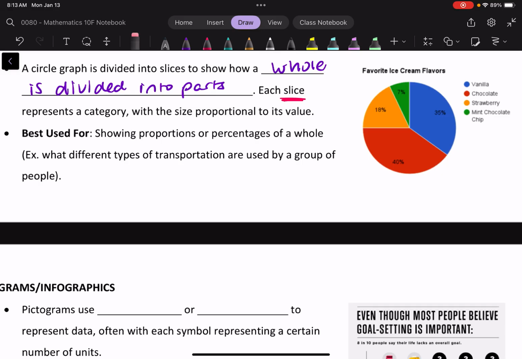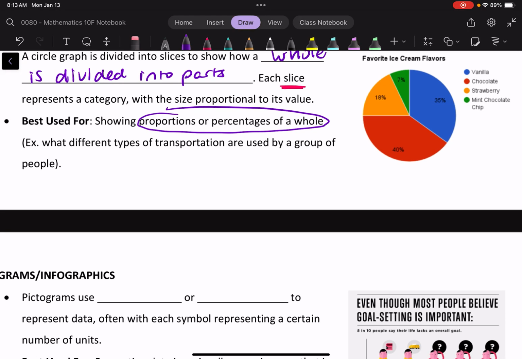Now, circle graphs are best used to show proportions or percentages of a whole. So if I'm looking at a large group, I want to know how that large group is split up and what their preferences are. So I might use this for showing the type of transportation used by a group of people. How do you get to school?